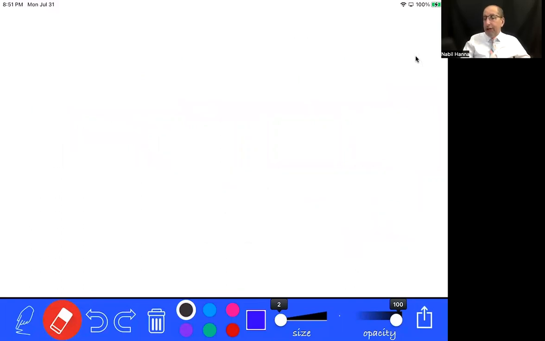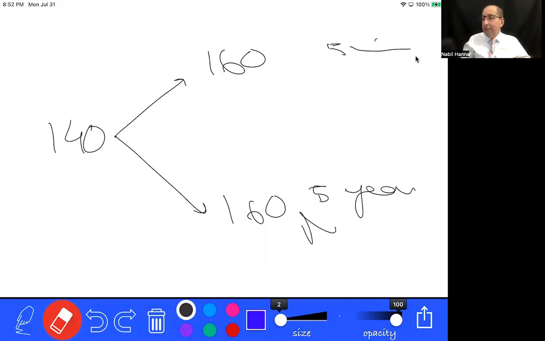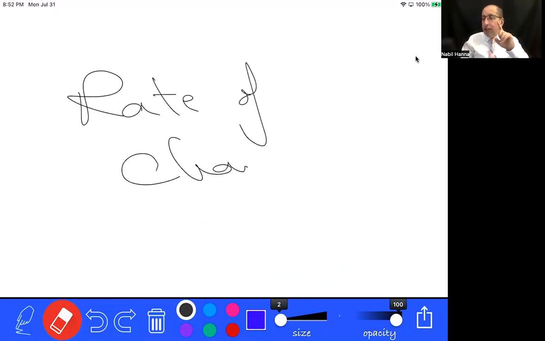By the same token, if someone moves from 140 to 160 only in 5 minutes, this is going to be severe hypernatremia. If someone moves from 140 to 160 in 5 years, this will result in mild hypernatremia, because it's not about the numbers, it's about the symptoms, and what determines the symptoms is the rate of change in sodium.